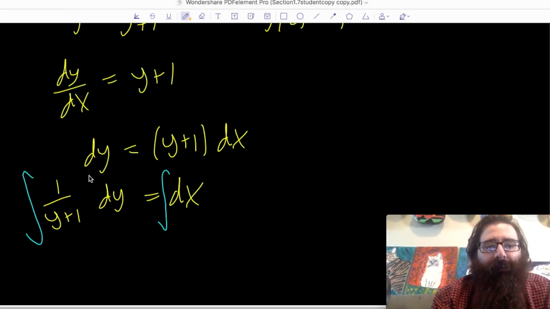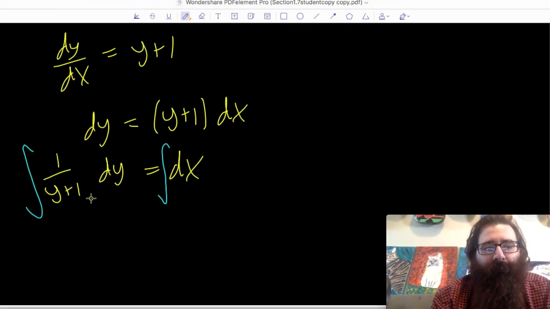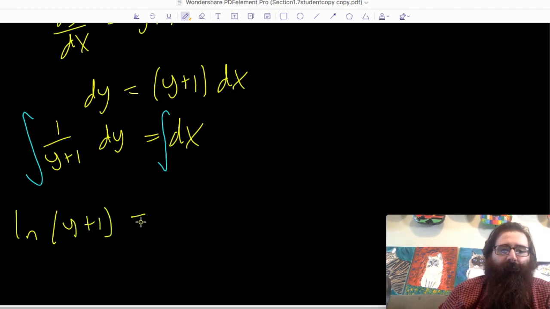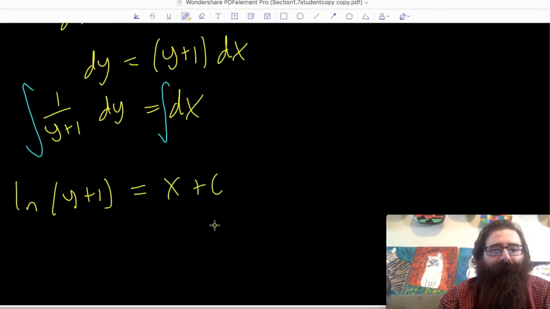And integrating on the left with a substitution method, it's a very small substitution, so I'll just jump to the antiderivative. That's natural log of y plus 1 equals, we integrate 1 with respect to x, gives us x, and then plus a constant c.